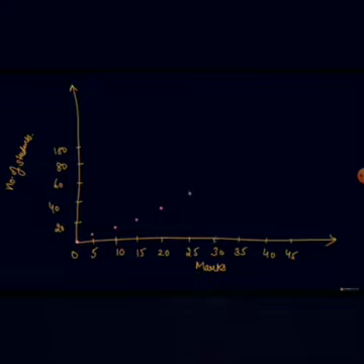Then less than 30, how many students were there? 77. Less than 35, it was 95. And less than 40, all the 100 students.